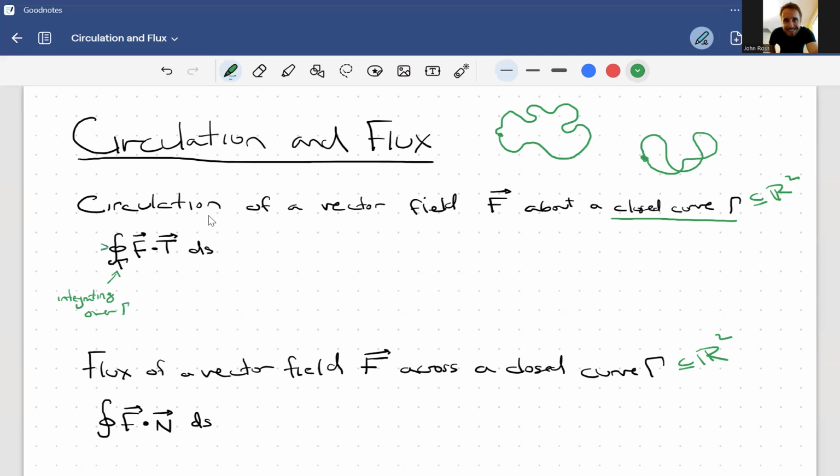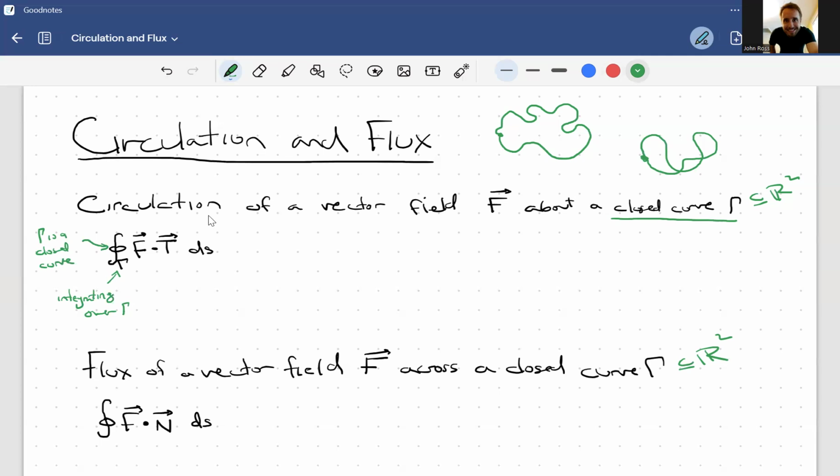You'll also notice this little circle that's put over here on the integral sign. This is standard notation if the curve that we're integrating over is a closed curve. So this is just saying that gamma is a closed curve, and we are integrating over the entire closed curve.